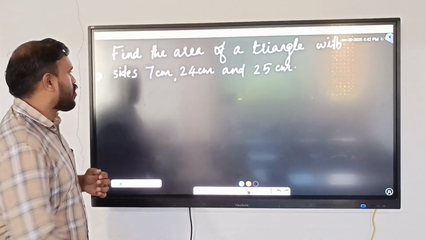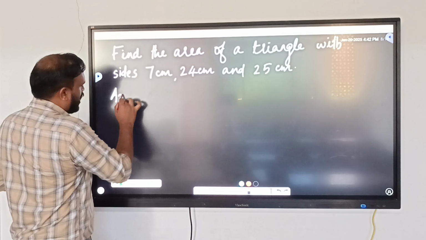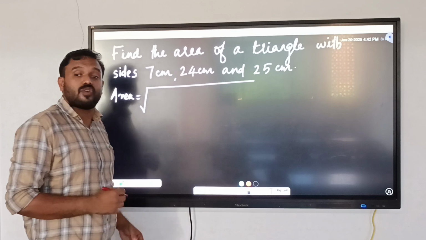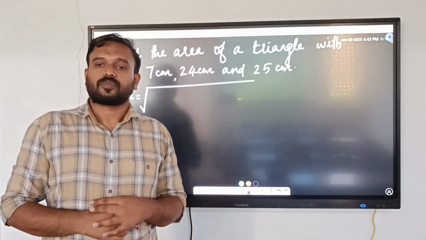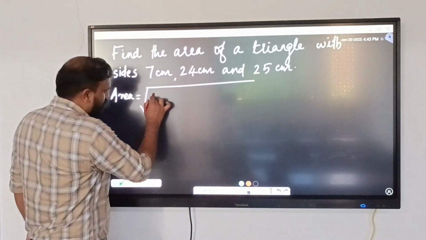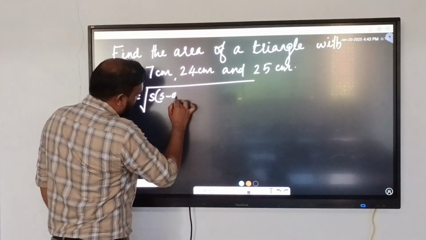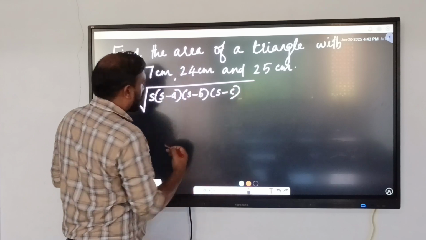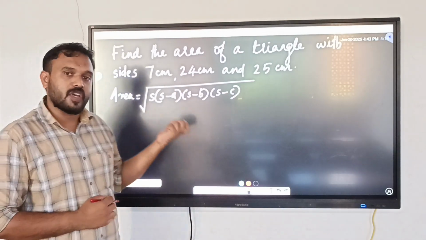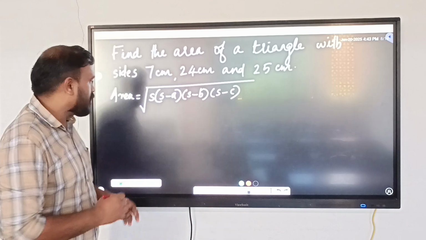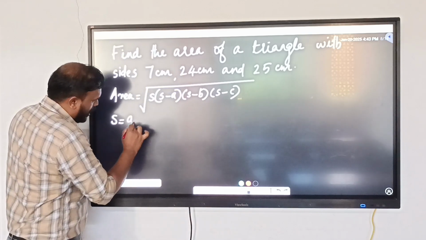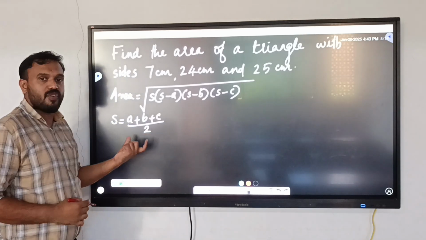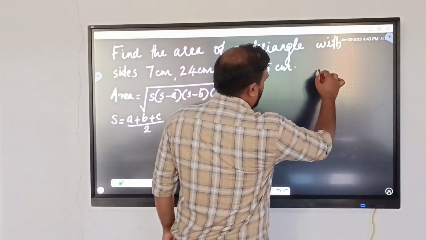Heron's formula is the square root of S into S minus A into S minus B into S minus C, where S equals A plus B plus C all divided by 2, which means half of the perimeter. So let us draw a triangle.